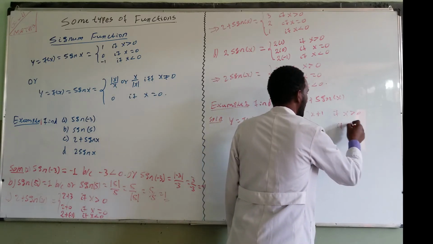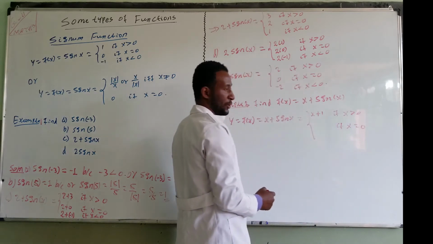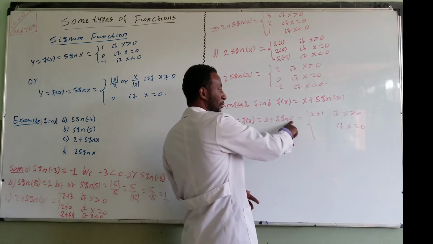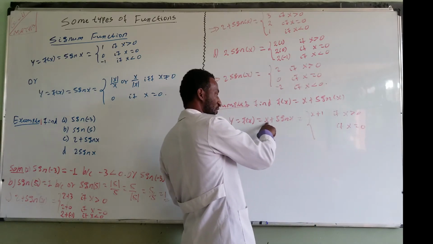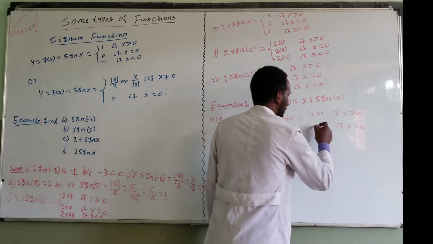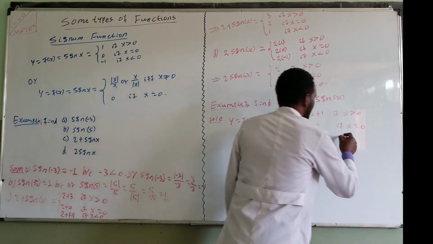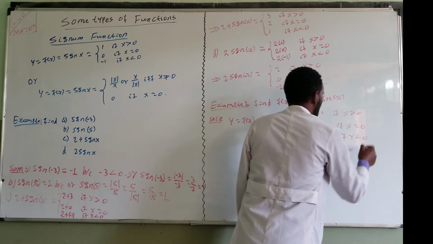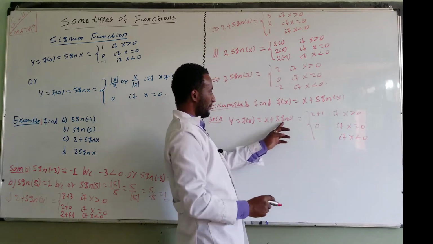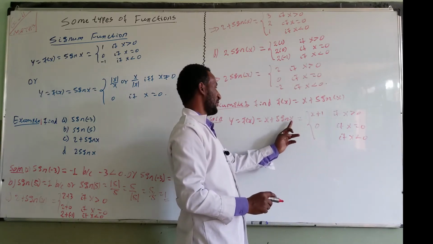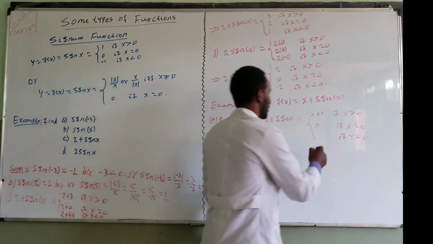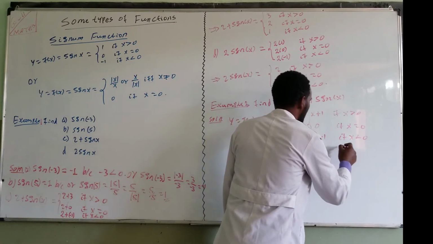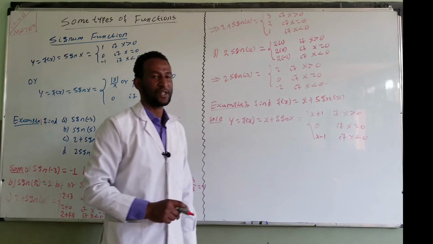If x is equal to 0, signum of x is 0, then 0 plus 0 is equal to 0. And if x is less than 0, signum x becomes negative 1, therefore negative 1 plus x is equal to x minus 1 if x is less than 0.